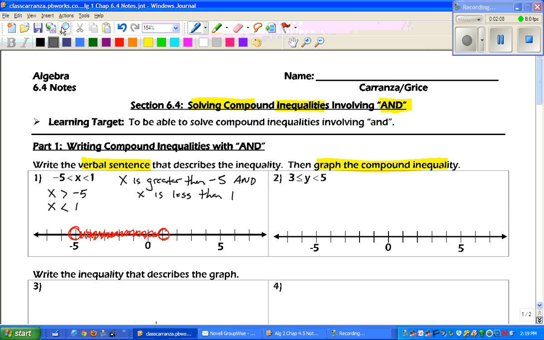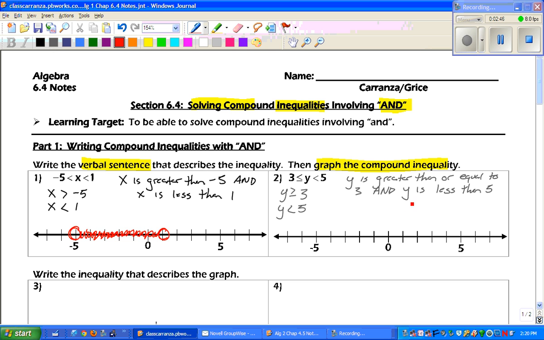Let's do another one. So we're going to rewrite these. We already know the y and the 5. Pac-Man is eating the y. So y is greater than or equal to 3 and y is less than 5.